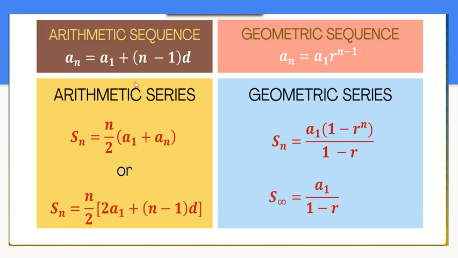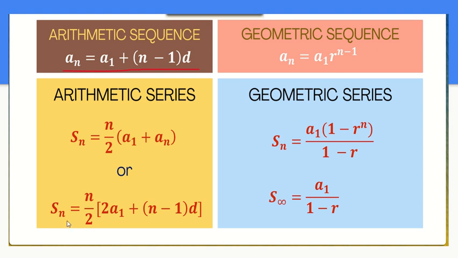Right? So what we have seen till now. What is the an in an arithmetic sequence? An equals a plus n minus 1 into d. In the same way, in geometric progression, an equals ar power n minus 1. What is an arithmetic series? The sum of an arithmetic series, Sn, is n by 2 times a1 plus an.